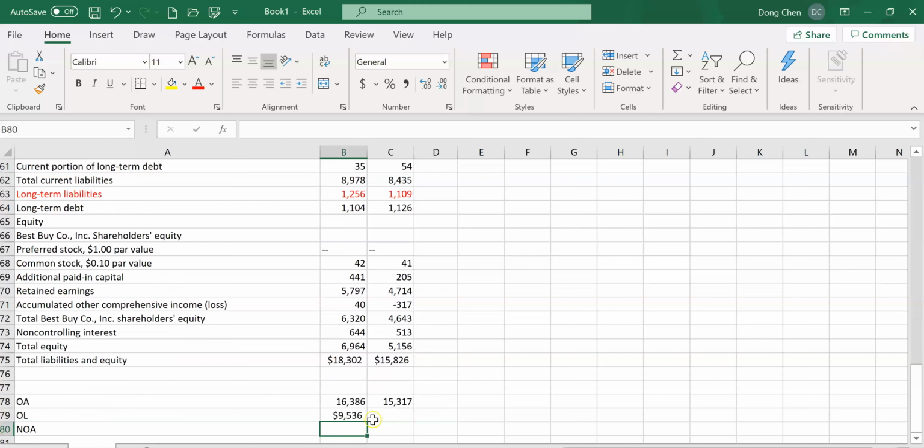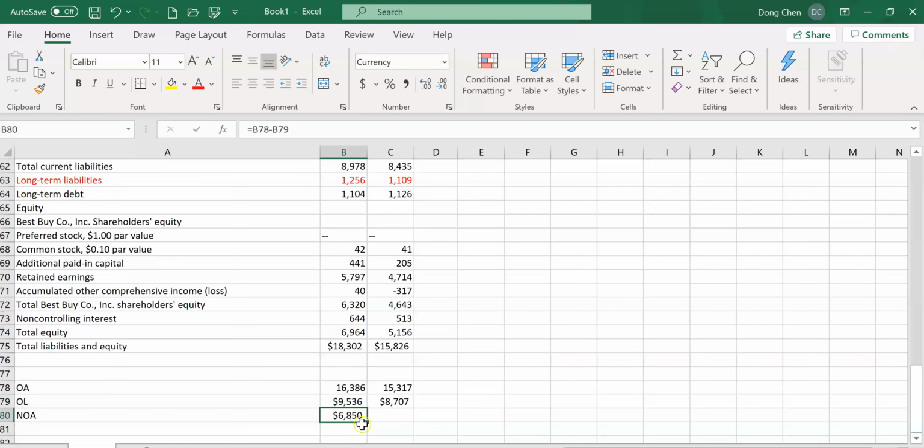So this is basically the operating liabilities. So then finally the net operating asset is the difference between these two, the OA minus OL, and then pull the cell to the other year. We get also the number for the other year.